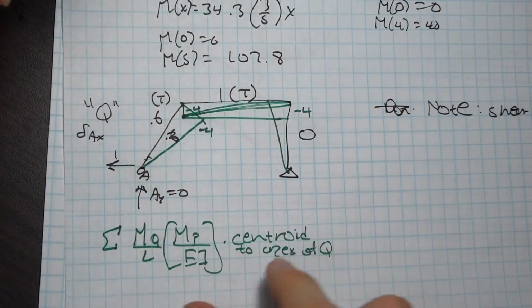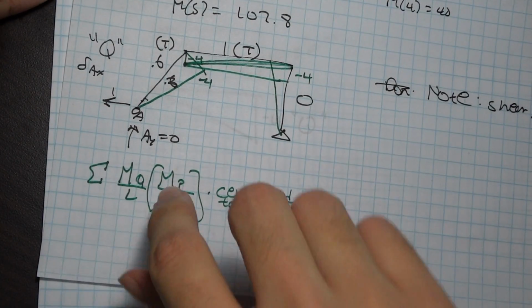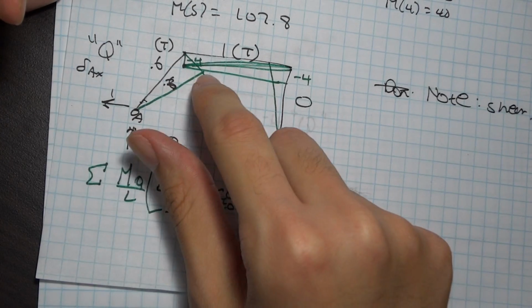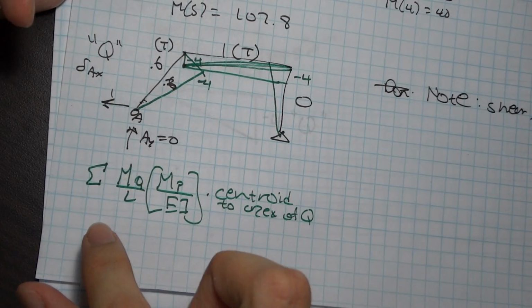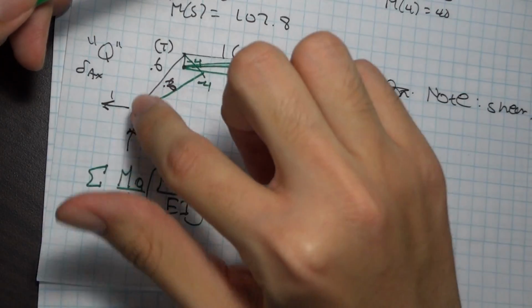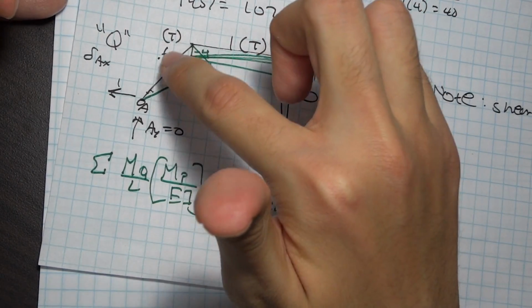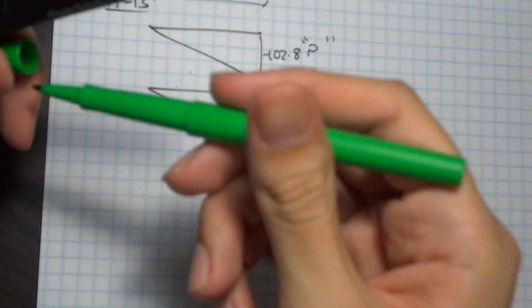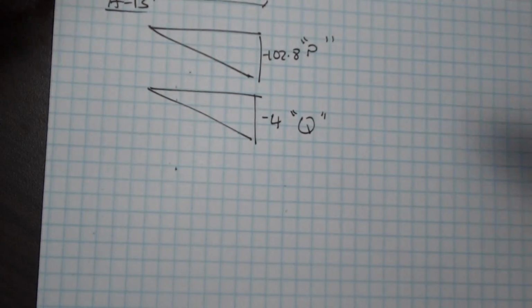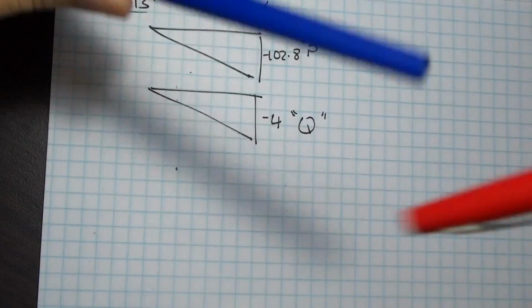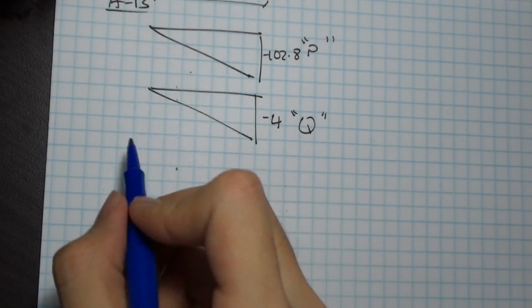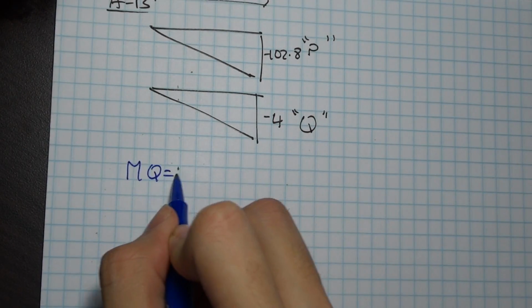Okay. So the MQ is the maximum value of the triangle you're looking at. The L is the length of the triangle. So for this case, let me use a different color. My MQ is going to be 4.